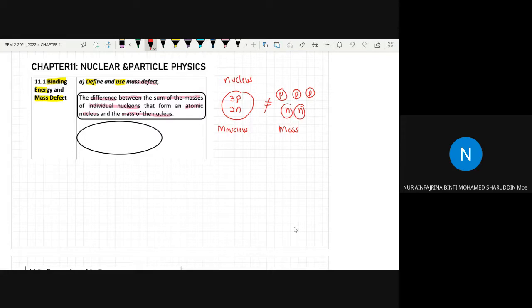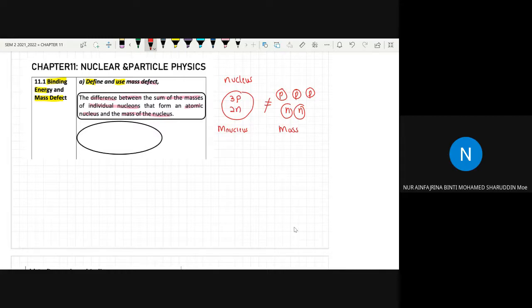If I separate them, supposedly the mass should be the same, but it will not be the same due to the mass defect.